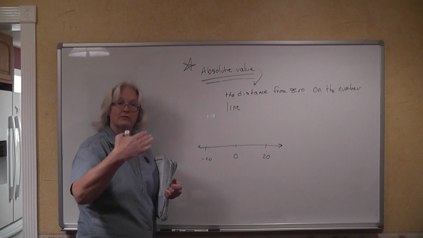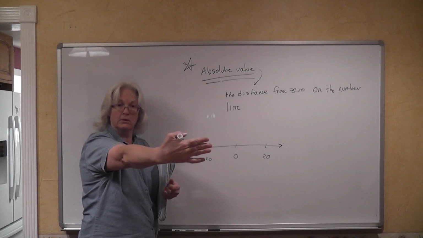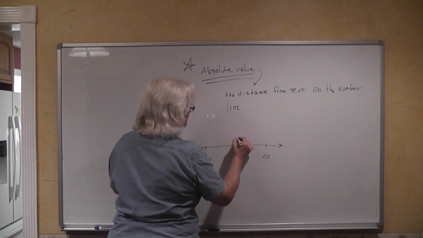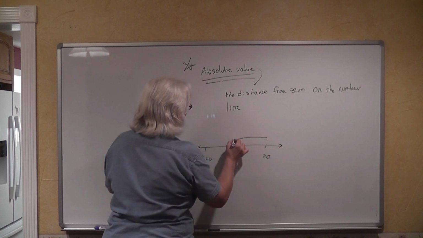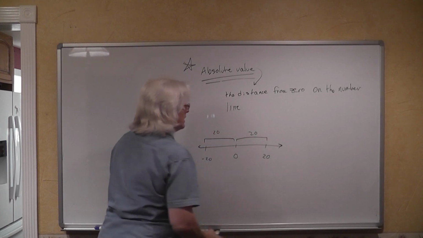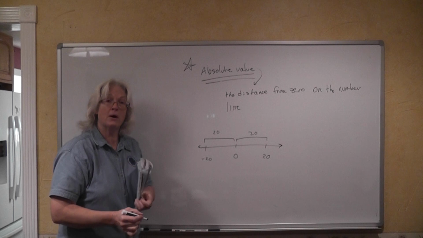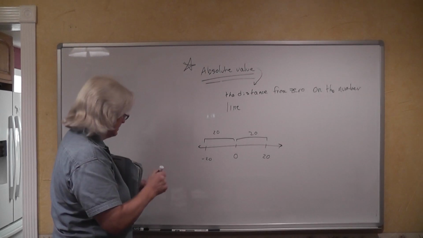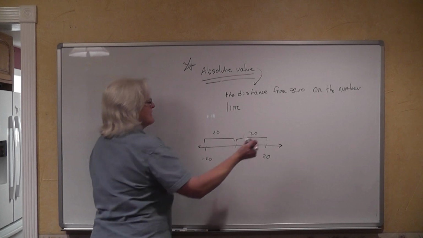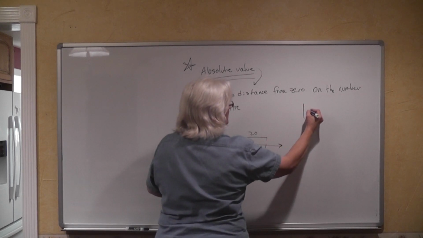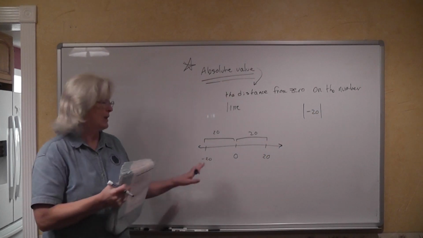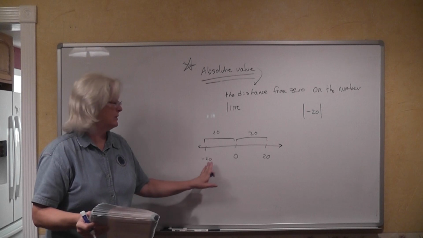It doesn't matter if I'm going to someplace or coming back from it. I am the same distance from 0 on the number line, and those values are positive. This is how they indicate absolute value. These are vertical bars: the absolute value of negative 20. How many units is negative 20 from 0?